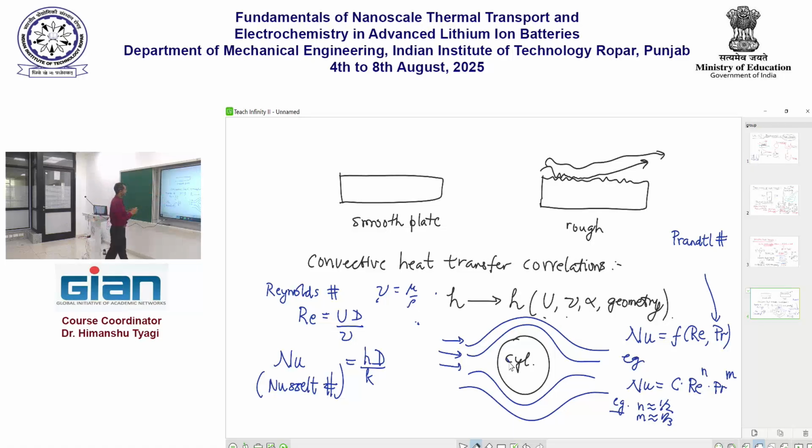For example, the most common resource for introductory heat transfer is this book by Incropera. When Dr. Tyagi and I were students 25 plus years ago, we used Incropera and Dewitt for learning heat transfer. 25 years later, when we are now teaching the next generation, we still use Incropera and Dewitt, right?